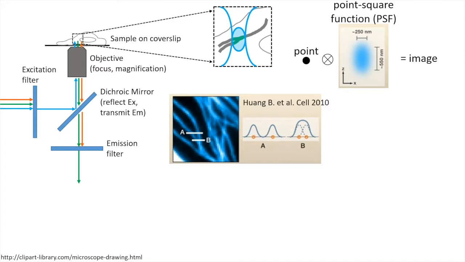If you look at line A, these two points are far enough apart that even convolved with the point spread function, they are still far enough to resolve. But if you look at B, these two points are too close, within the limitation of the point spread function. You cannot resolve them by looking at the image.